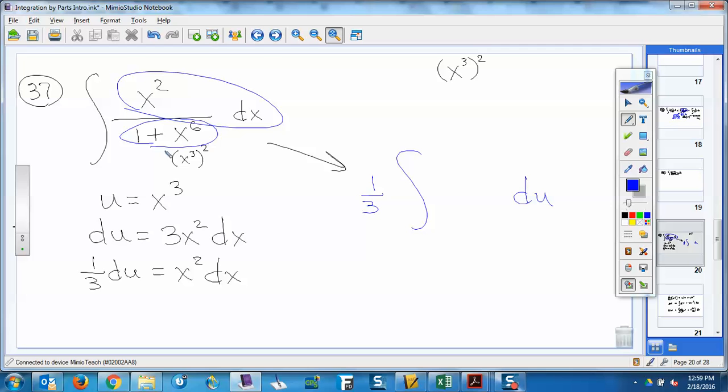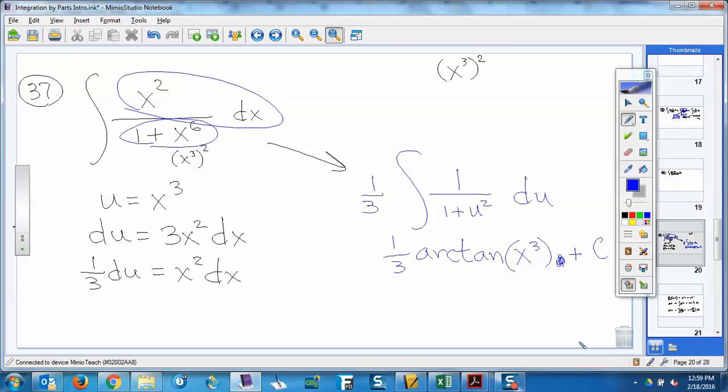The bottom is now what? 1 plus u squared, because it's x cubed squared, and then there's nothing left on top, so we put a 1, and sure enough, that is an arctangent. So 1/3 arctan u, which we can just go ahead and put in place of the u, the x cubed, plus c.